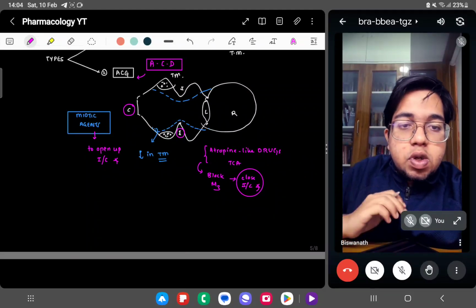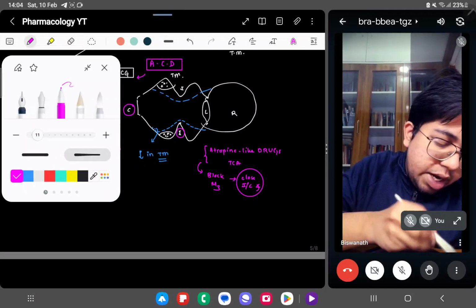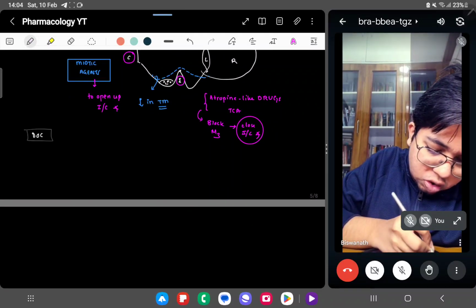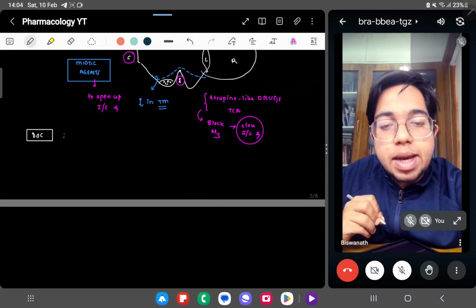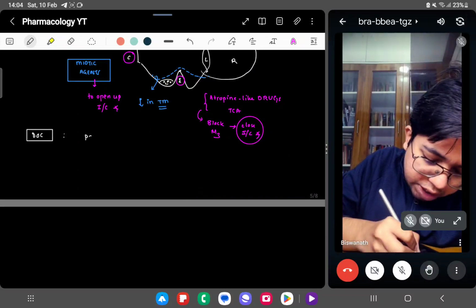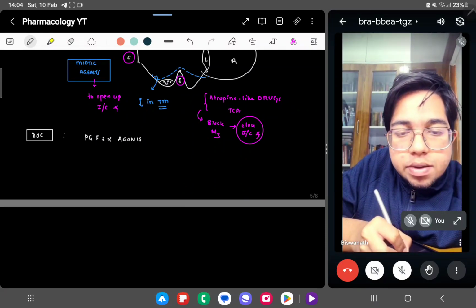Okay. So let's talk about the drug of choice. The main important thing here is the drug of choice. What is the drug of choice for both types of glaucoma? For both glaucoma types, you have to use prostaglandin F2 alpha agonists.